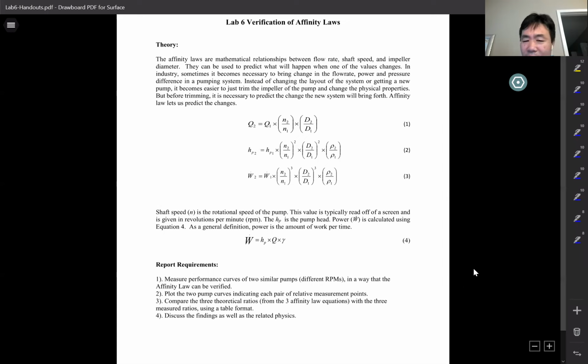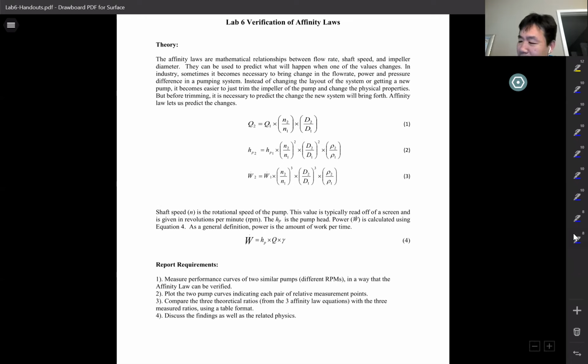The affinity law tries to predict the performance when you change one or multiple pump parameters, such as diameter, such as RPMs, and you can even include the density of the fluid.